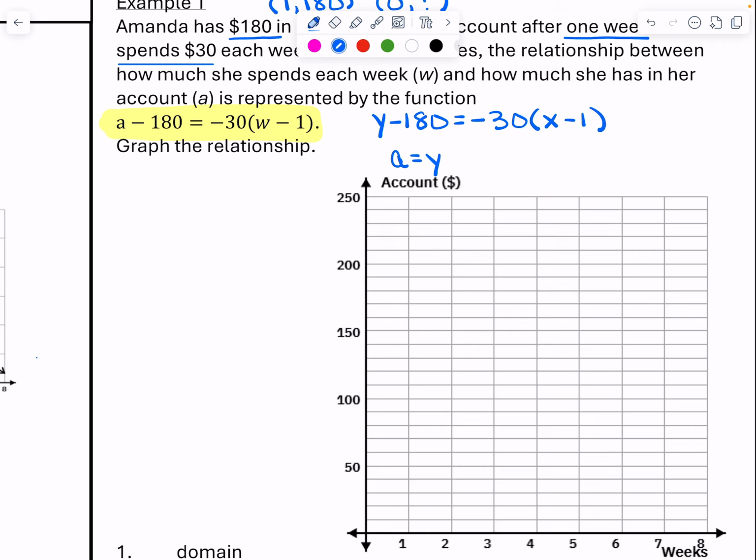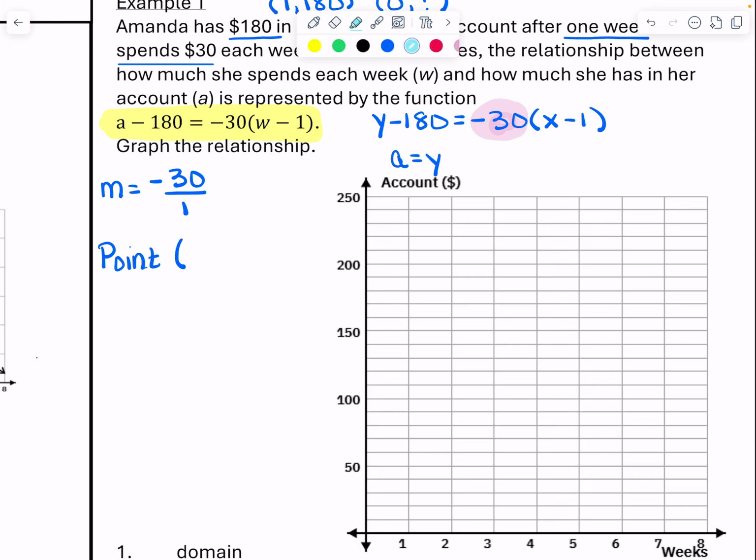Now, first off, what is the rate of change? What is the slope? That is negative 30. The next piece I look for is what is the point? What is x sub 1 and y sub 1?